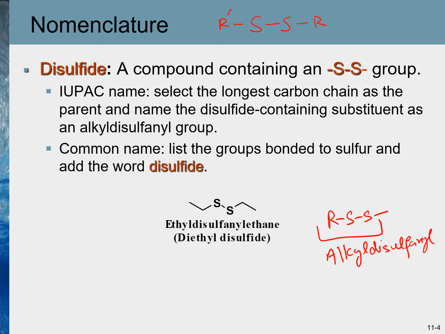Again, we look for the longest chain and we consider the smaller alkyl group with the disulfide group as the alkyl disulfanyl substituent. For example, if we have a methyl group on one side of the disulfide group, and on the other side we have a propyl or ethyl group, let's go with ethyl, then our longest chain is ethane, and our substituent group will be the rest of the molecule.